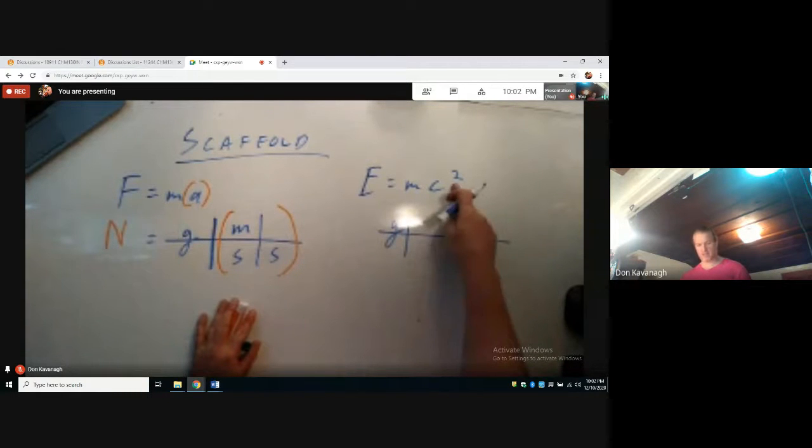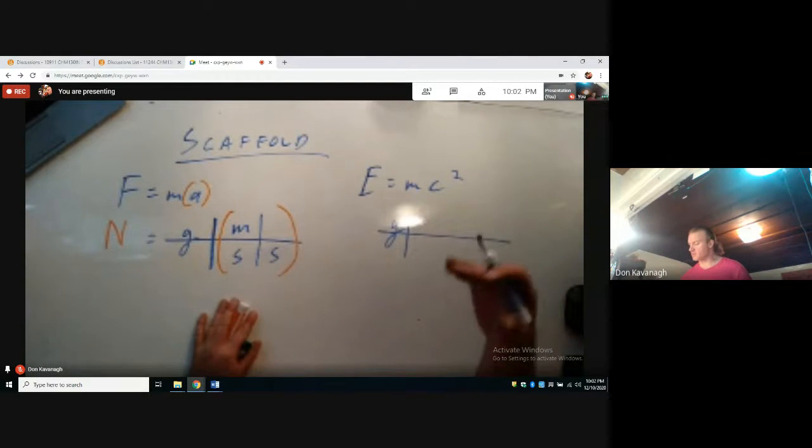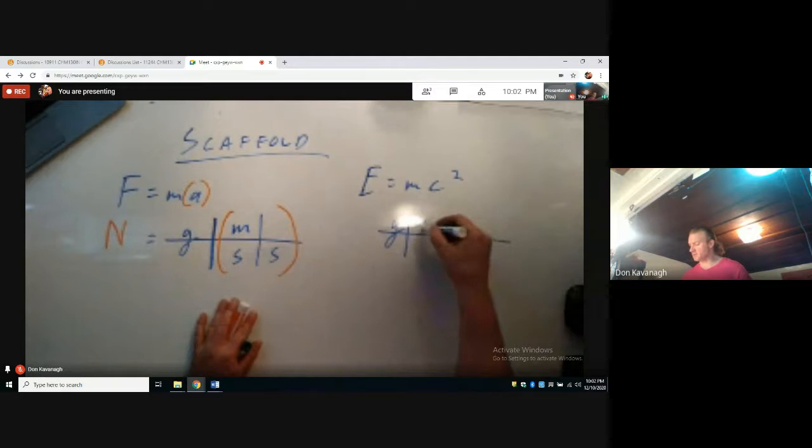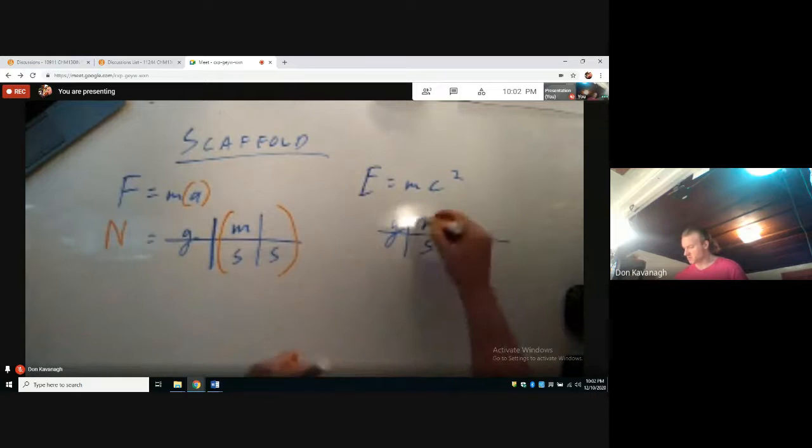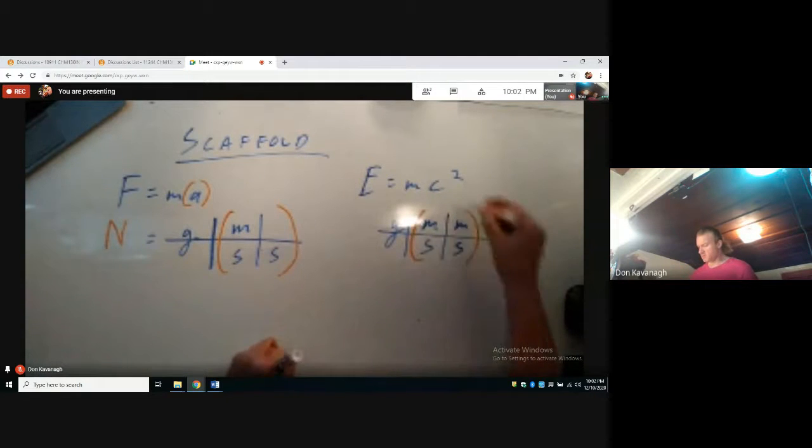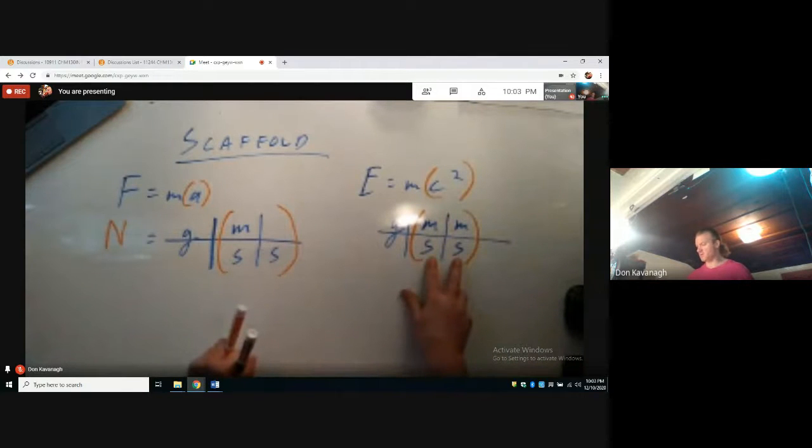Now, speed is the change in meters per second. So it's meters per second, meters per second. This is the velocity squared, speed of light here.